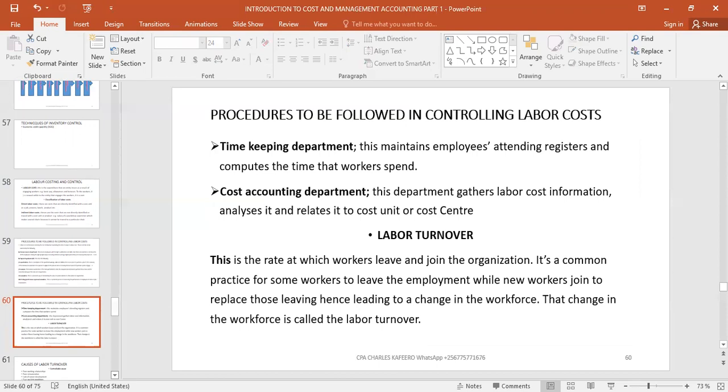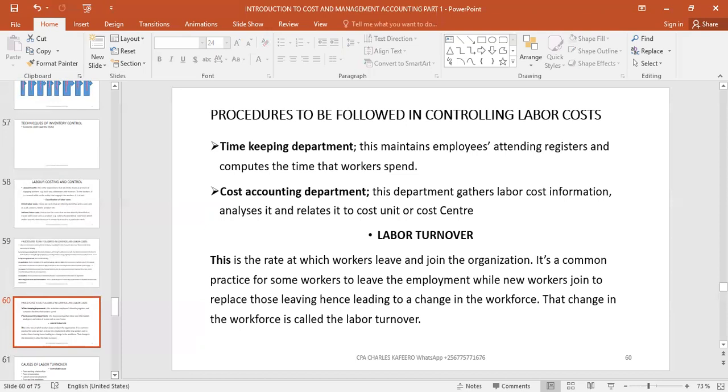You may find in an organization that many people are leaving, but as they leave, more people are coming. It is normal to have labor turnover at a certain rate or to a certain extent. But when it becomes too much, it becomes bad for the organization.